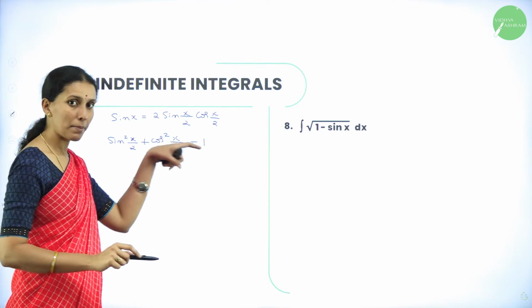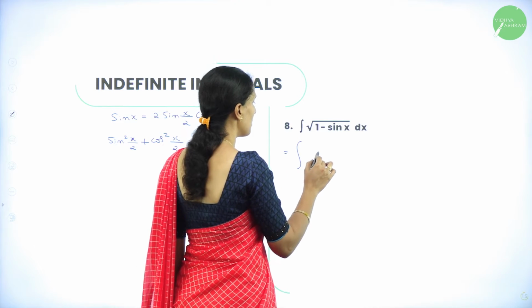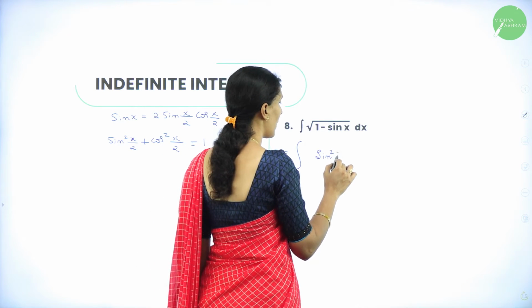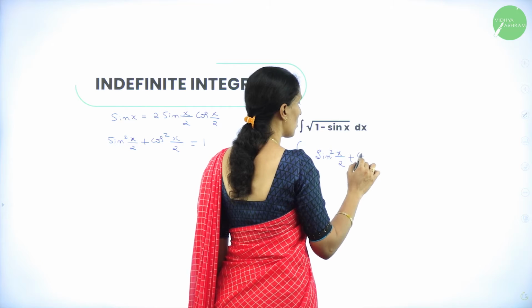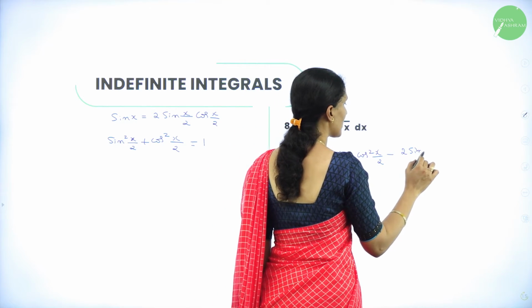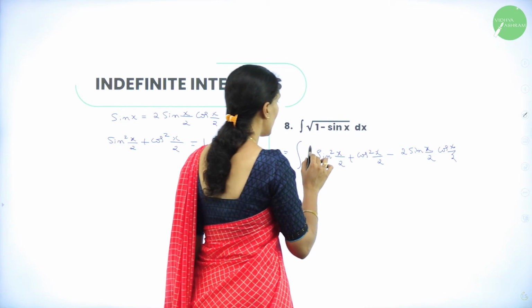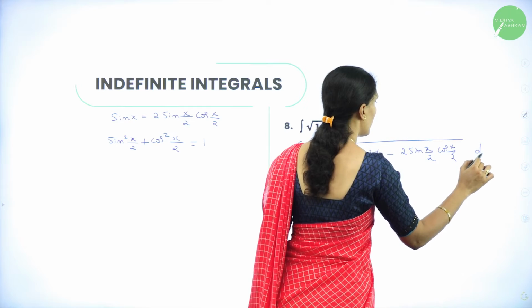So this is to simplify the given value. So if I substitute here, this becomes sin square x by 2 plus cos square x by 2 minus 2 sin x by 2 cos x by 2 under the square root into dx.